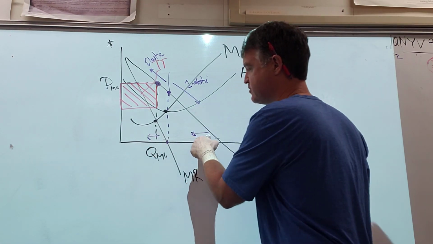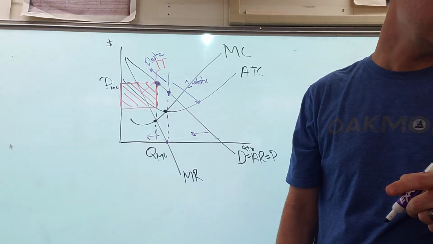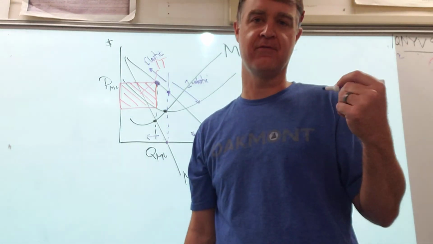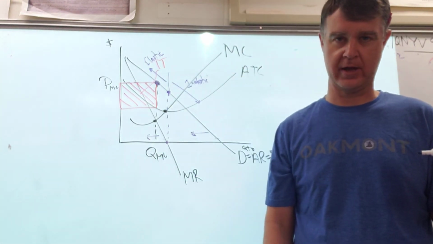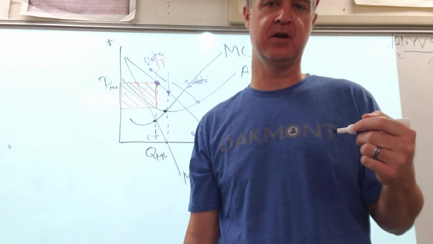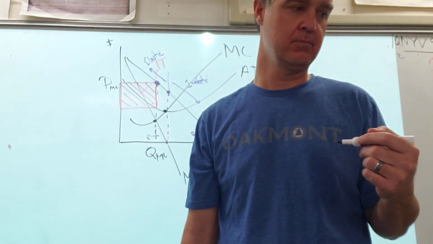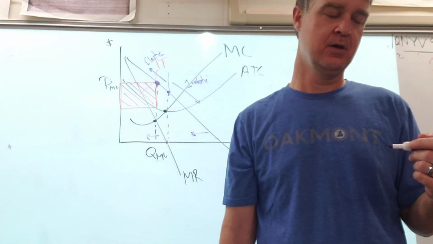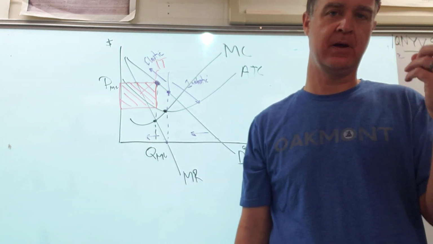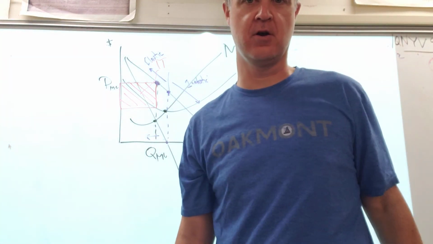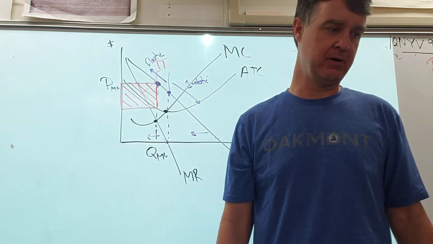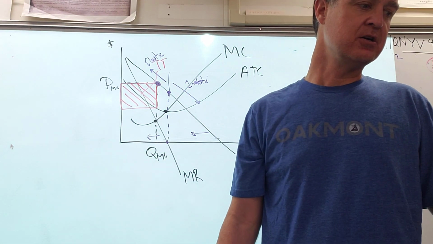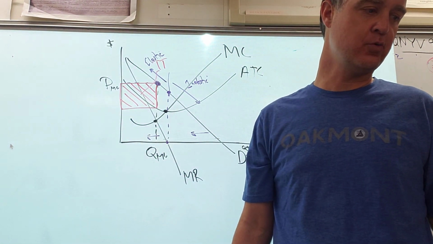So the demand curve shifts to the left because more firms have entered the market. Nothing changes about the market demand, it's just for my particular firm.